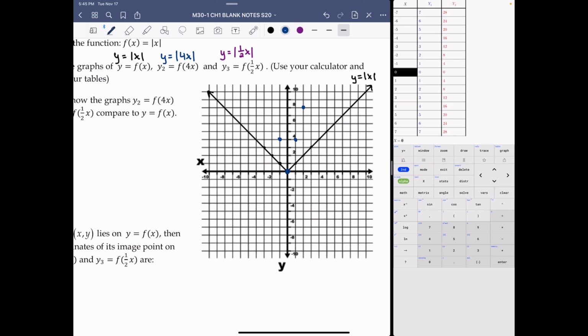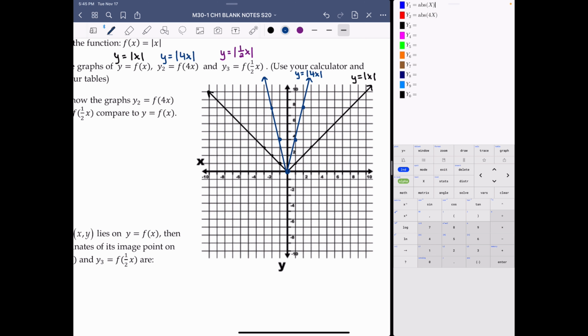And when x is negative 2, y is 8. You can join those points. That is the graph of the function y equals absolute value of 4x.